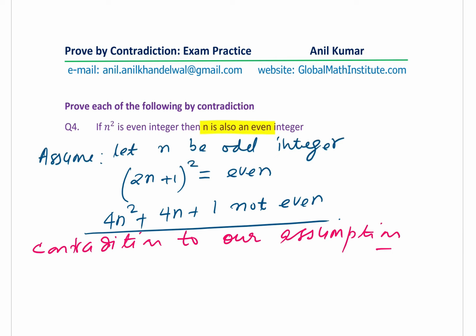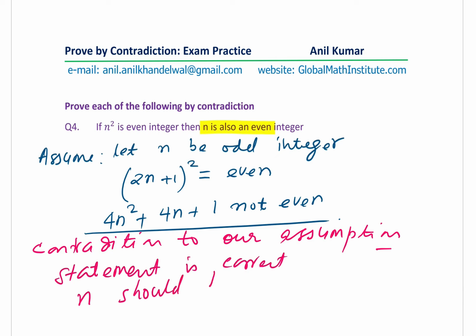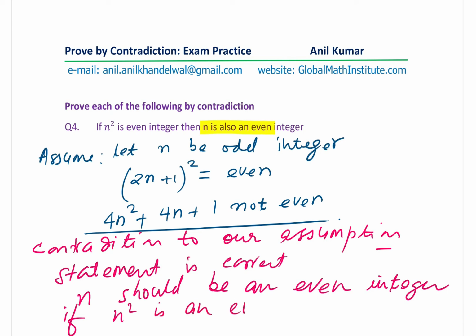So clearly, we can say that the statement is correct. That is, n should be an even integer if n squared is an even integer. Clear? So that is how we are going to prove it.